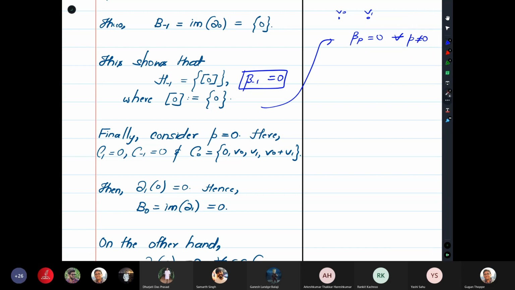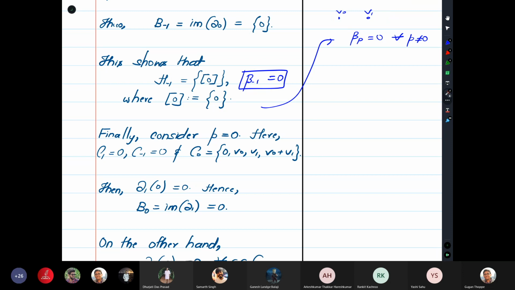Right, so on one hand, this is an algebraic exercise, but at the same time notice that beta p turns out to be 0 for all p not equal to 0. Which is good for us. It is good because it is saying that this simple simplicial complex doesn't have any interesting patterns from the perspective of homology for all p not equal to 0, which is indeed what we would expect, right? So doing the computations algebraically is one thing.